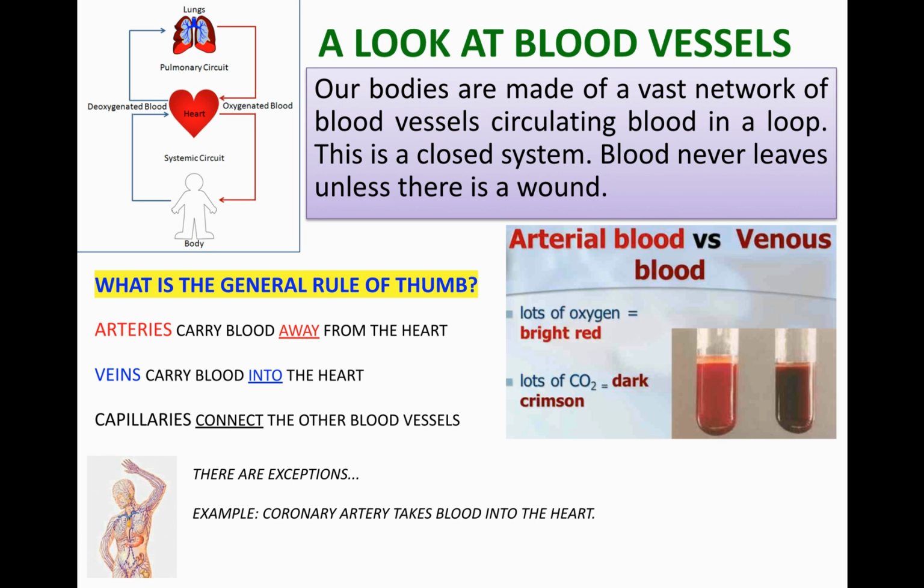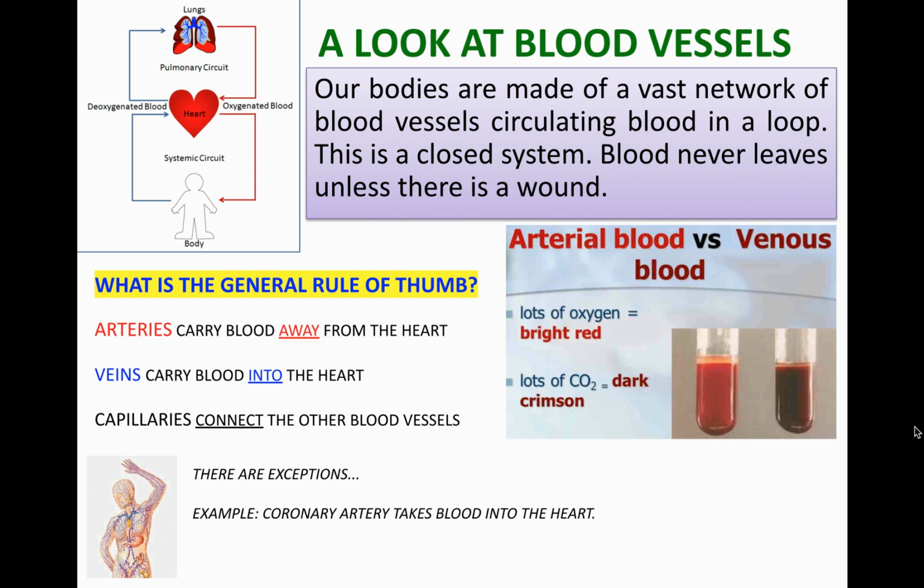The reason that there's a difference in color as the blood circulates around the body is because there's a difference in the amount of oxygen present in the blood. The color of the blood is caused by the presence of something called hemoglobin. Hemoglobin is a red pigment, and it becomes redder when oxygen binds to it, and it becomes something called oxyhemoglobin.